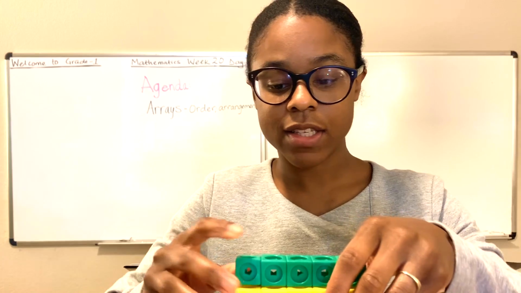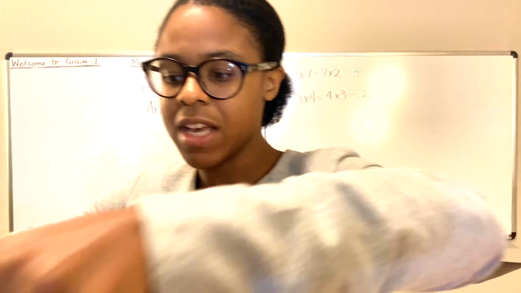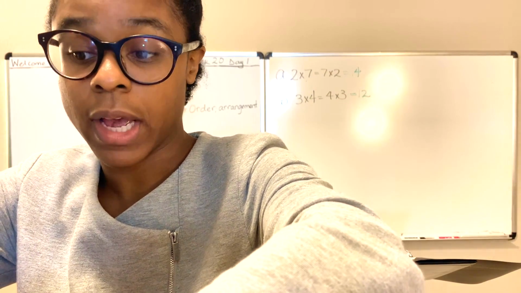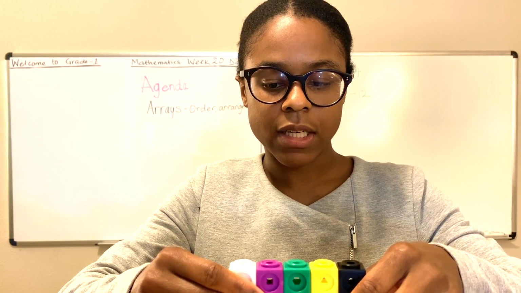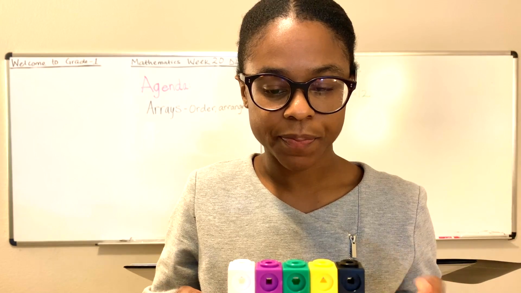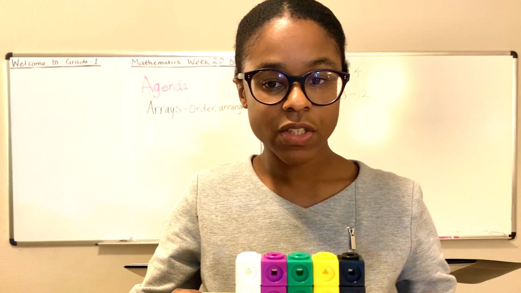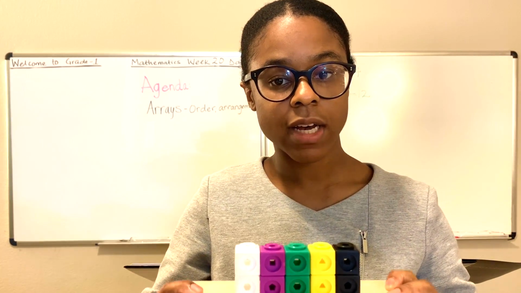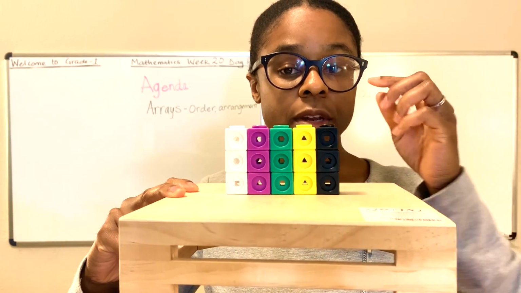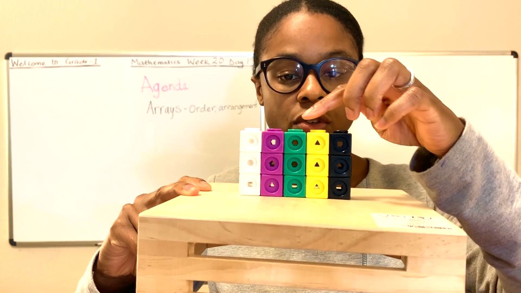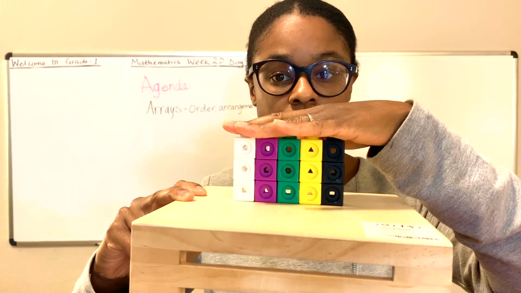Let's try the same exact thing, but it's just going to be a different array. That's the word of the day. Arranged differently, but it's still going to get us the same answer. The first one was 3 times 5. This one is going to be, how many groups can you count? There are 1, 2, 3, 4, 5 groups.